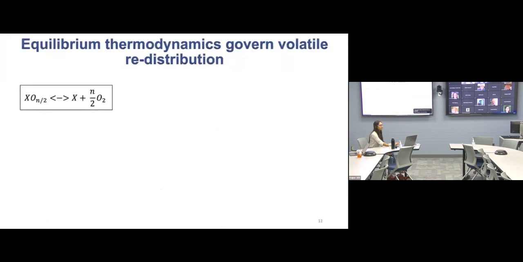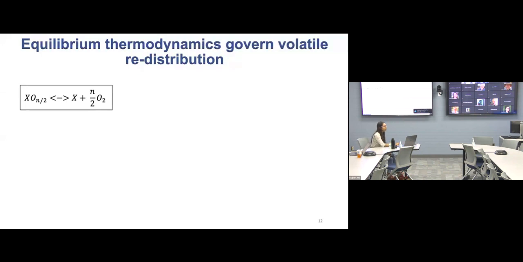Okay, so the two fractionation processes that I mentioned earlier, core mantle differentiation and magma outgassing, are both redox reactions, and I'm just showing here the generalized form for a redox reaction. And what we need to do as experimentalists is to be able to predict how these redox reactions evolve at different pressure, temperature, and oxygen fugacities relevant to your growing planet.